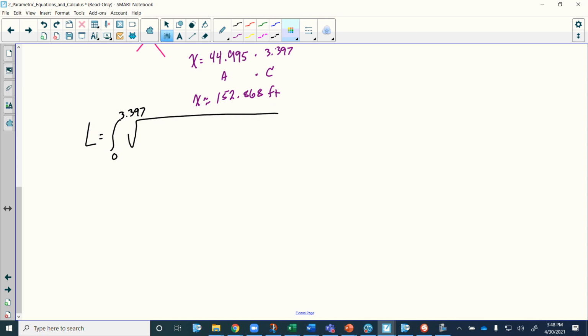So the derivative of x is just going to be the number 44.995 squared plus, and the derivative of y is going to be the 53.626 plus, nope, not plus, minus 32t quantity squared.